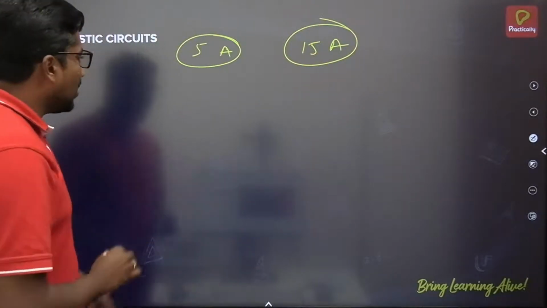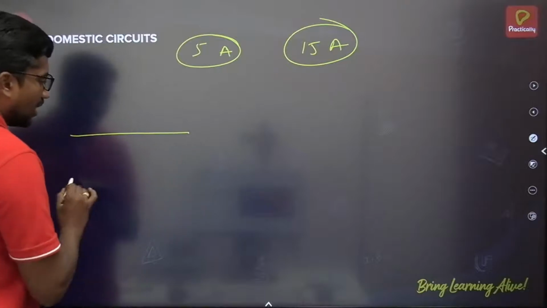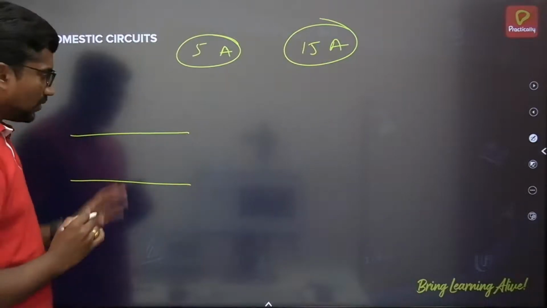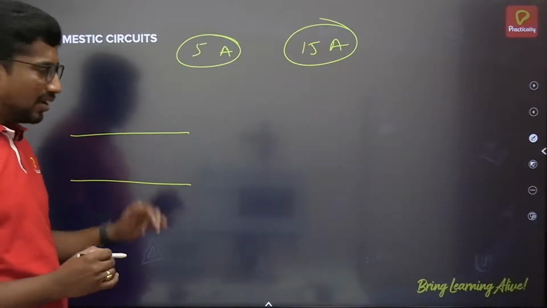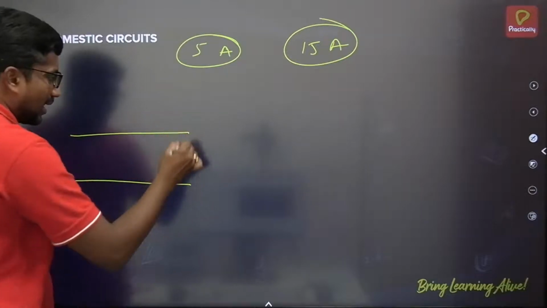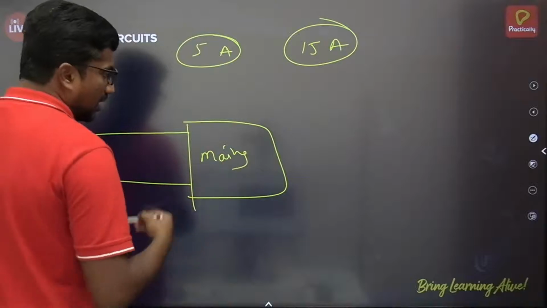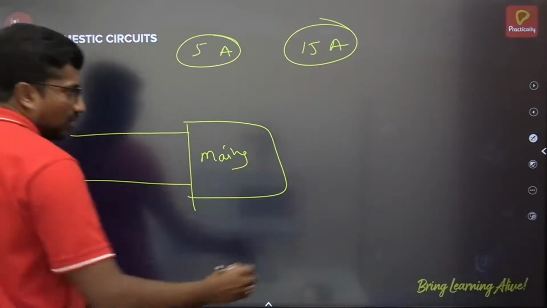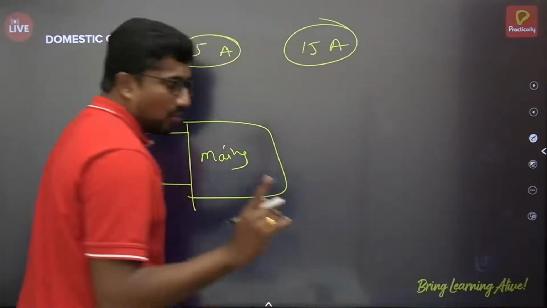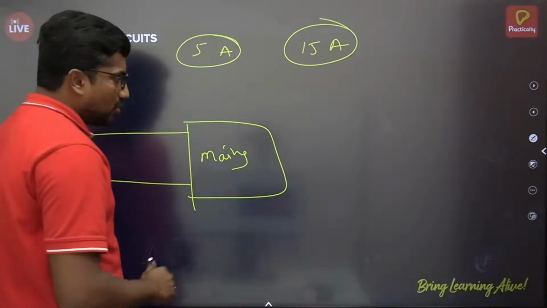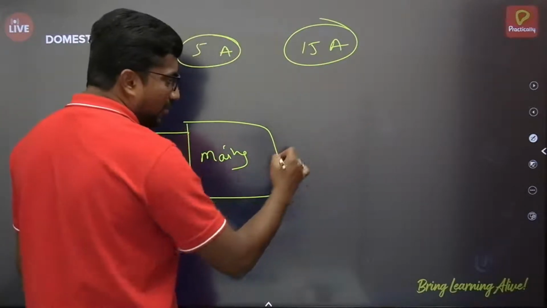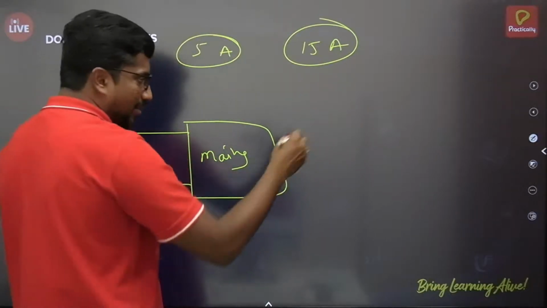Generally we take the supply from outside, and this supply will be connected to the mains here, and from here we will take two wires. One is the live wire, the other one is the neutral wire. I am representing all with the same colors, and I will name them over here.